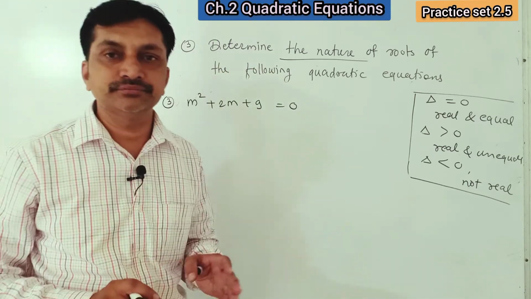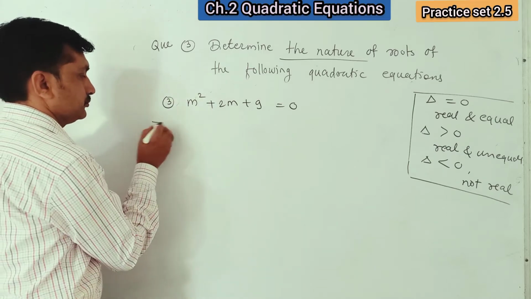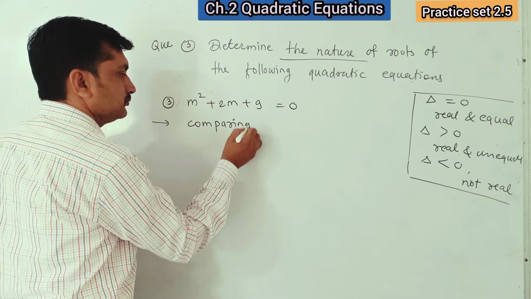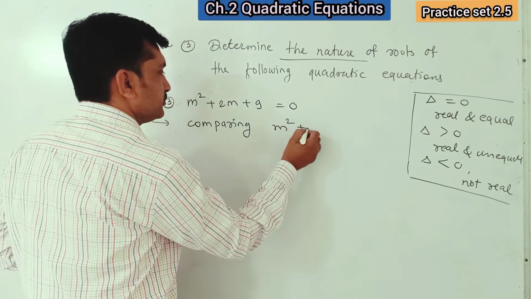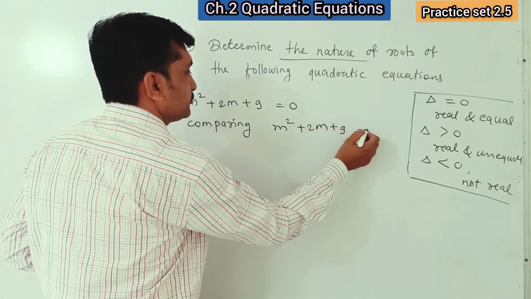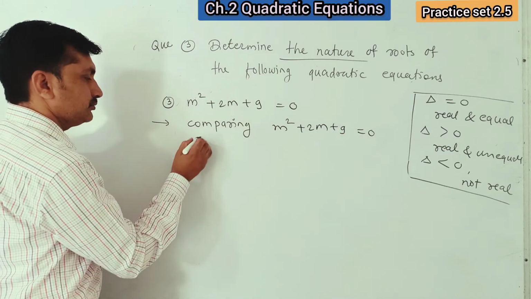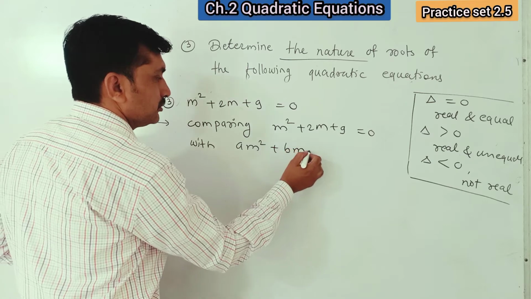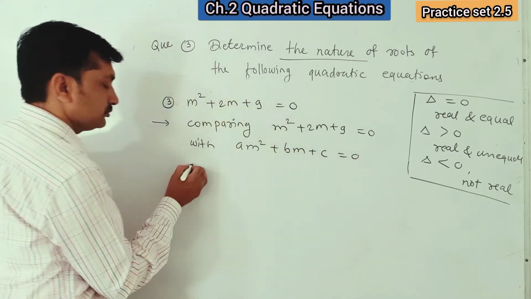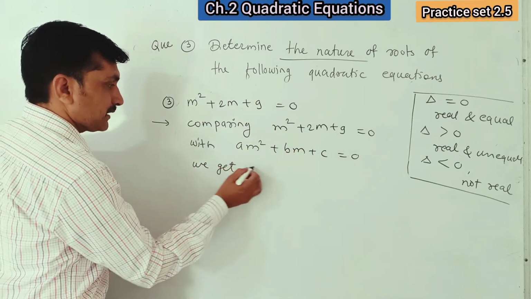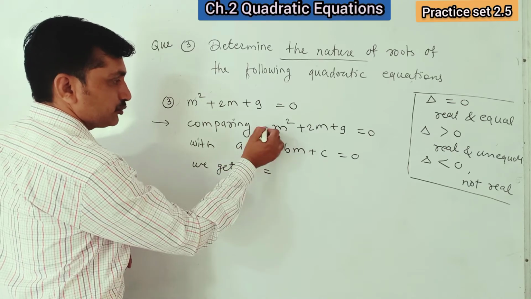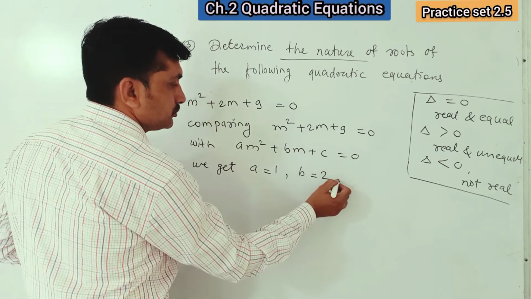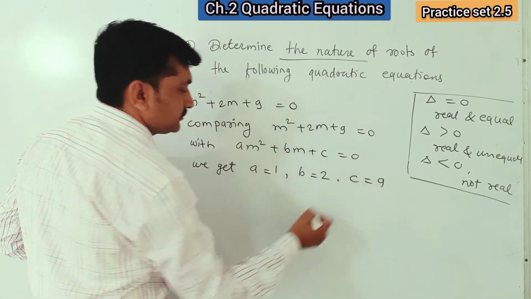Example number third, question. Comparing given equation m square plus 2m plus 9 is equal to 0 with am square plus bm plus c is equal to 0, we get a is equal to, a is coefficient of m square 1, b is coefficient of m 2, c is constant 9.